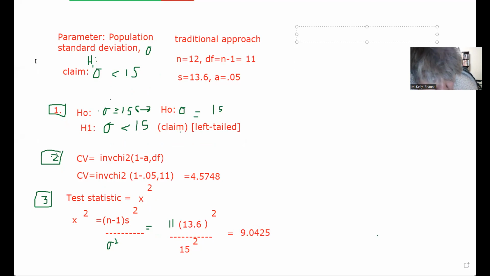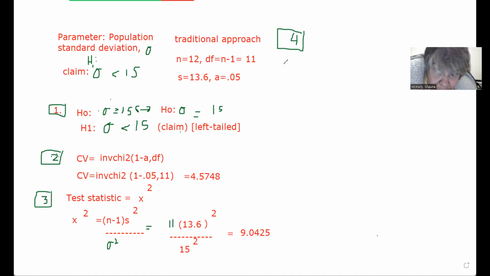Now, the next step is to actually test or make the decision about your hypothesis, your null hypothesis. Remember, this step is always about your null, not your claim necessarily. In our case here, the claim is H1, so this is not about our claim. It's about our null.